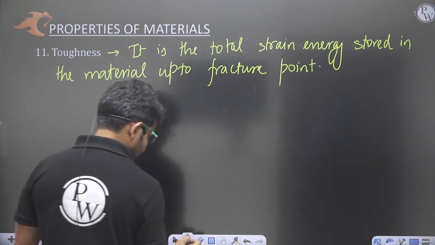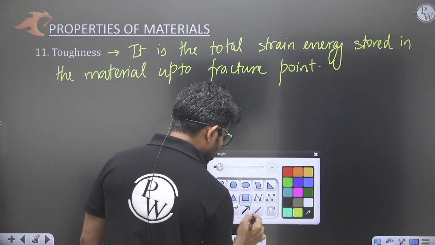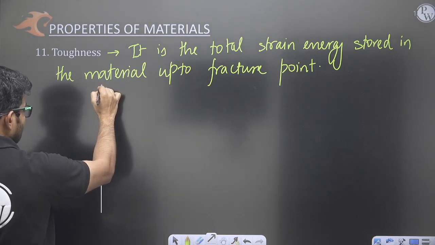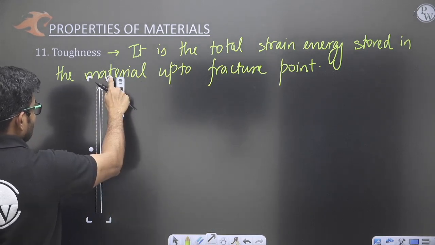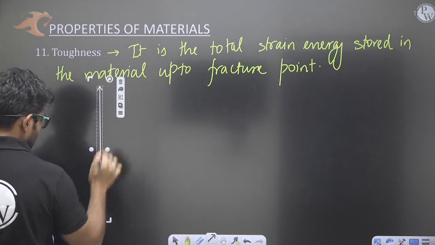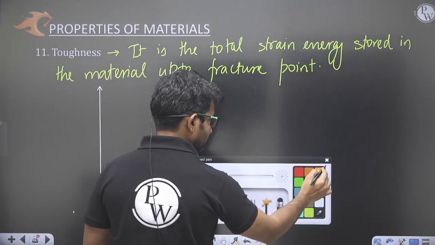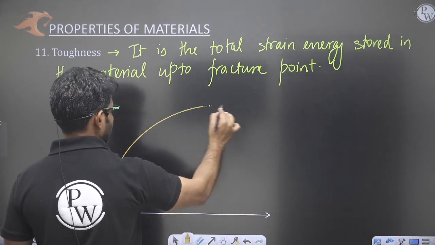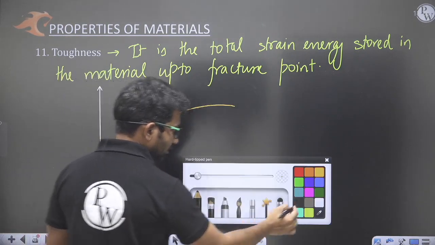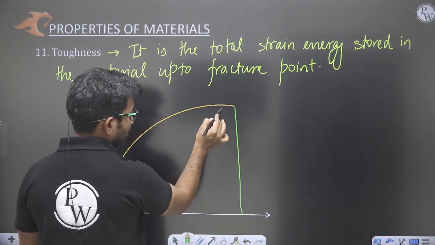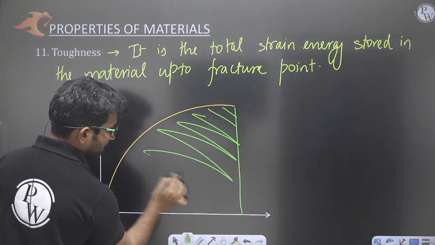If I want to represent it mathematically, then toughness will be represented by this area under the load deflection curve up to the fracture point.